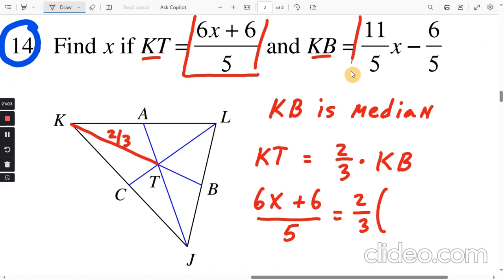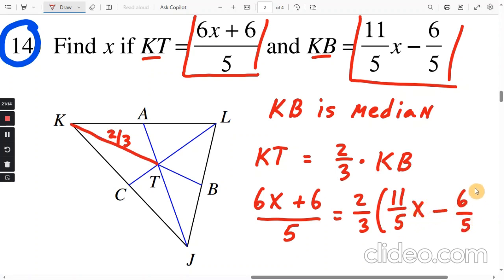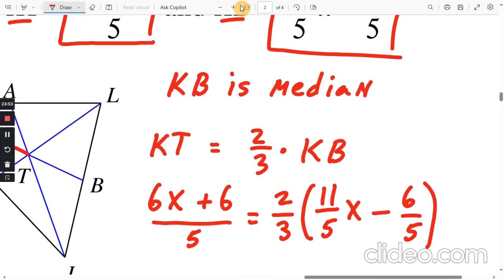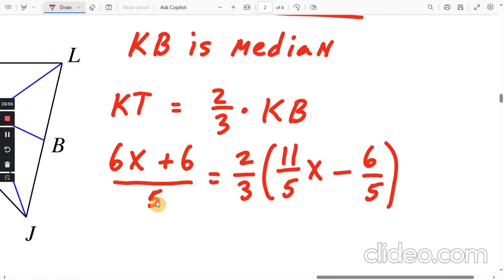And KB is 11/5 x minus 6/5. All right, now I'm going to do this in 2 steps. We can certainly multiply both sides by the reciprocal. But what I'm going to do, since I see all these denominators of 5, I'm going to do times 5 on both sides here.